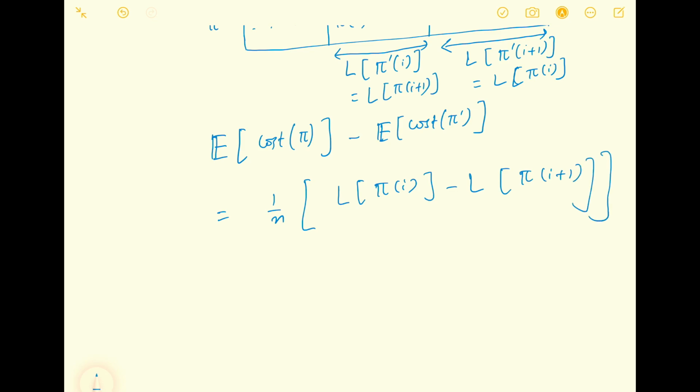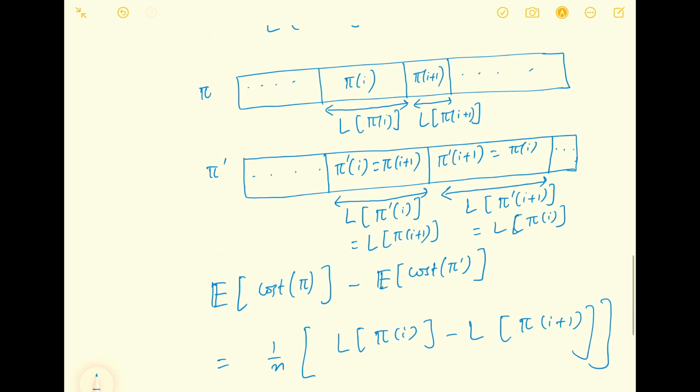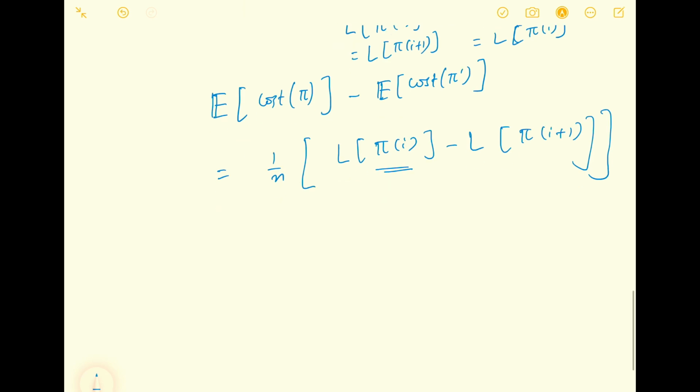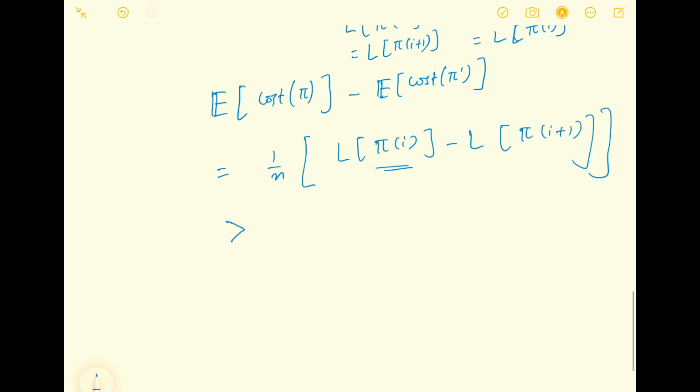You can verify this, but intuitively all the files before and after this ith and (i+1)th file contribute the same to the expected cost, and when you take the difference, those terms cancel and the remaining term becomes this. Now, because length of pi i is strictly more than length of pi i plus 1, this is strictly more than 0.